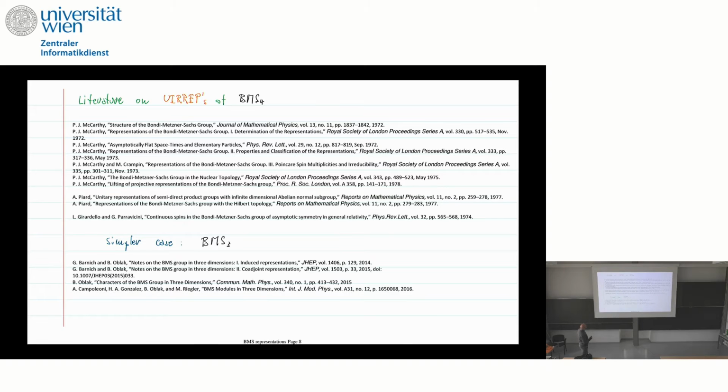Okay, and then Girardello and others, already in '74, were pointing out that this result of not having continuous spin representations, which is really the physical result that they wanted, really depended on what you put as a topology on this, and that with other topologies, this result is no longer true. If you are interested in these questions, which are important questions, these are the references.